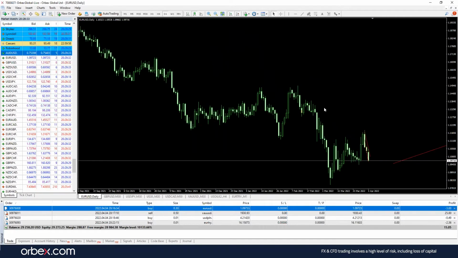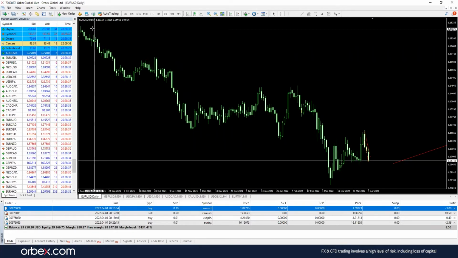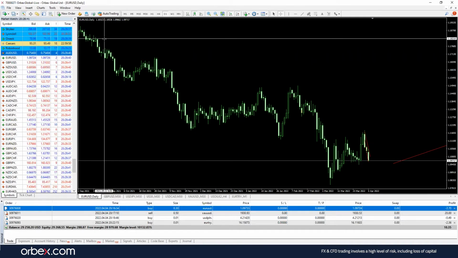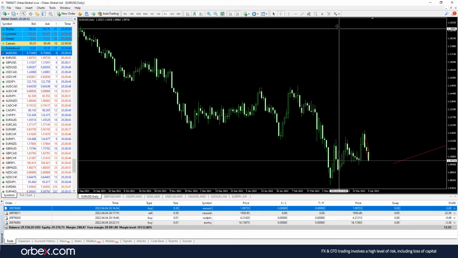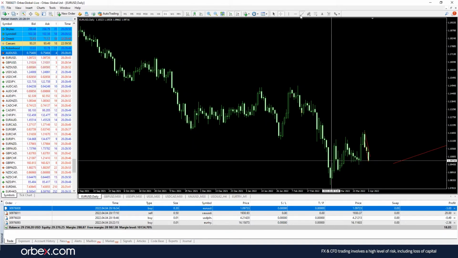I'll put it on the daily chart, going back to September last year. As you can see here, it was worth 1.18, so for every 1 euro, I could get $1.18. That means the dollar was weaker at this time. But now we're moving downwards, which is an indication that the dollar is stronger than the euro. Because I bought it, I'm expecting the euro to go higher.